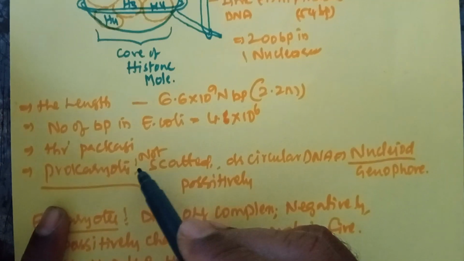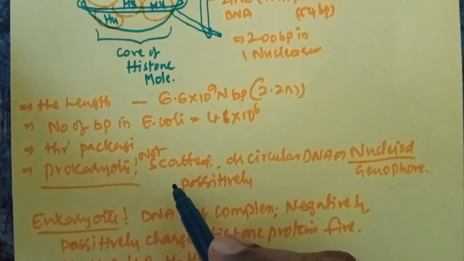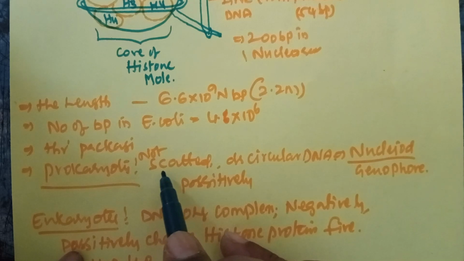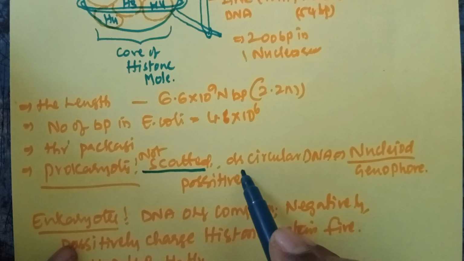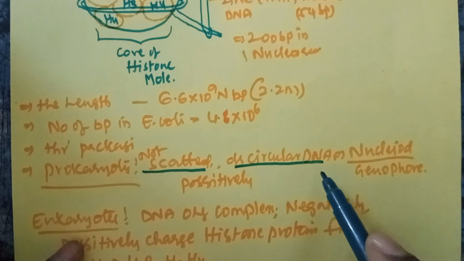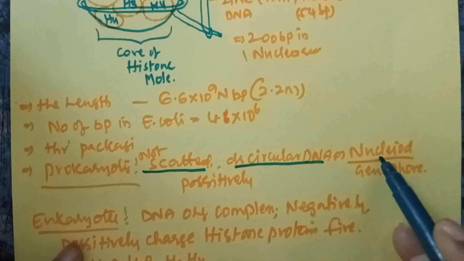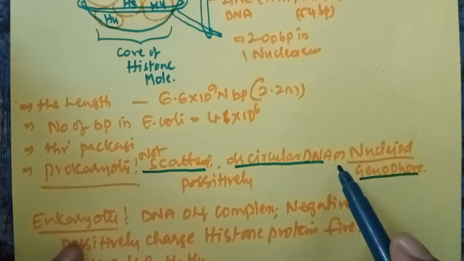In prokaryotes, the DNA is arranged in a not scattered manner, and the DNA in prokaryotes is double-stranded and circular shaped, so in prokaryotes the DNA is called nucleoid or genophore.